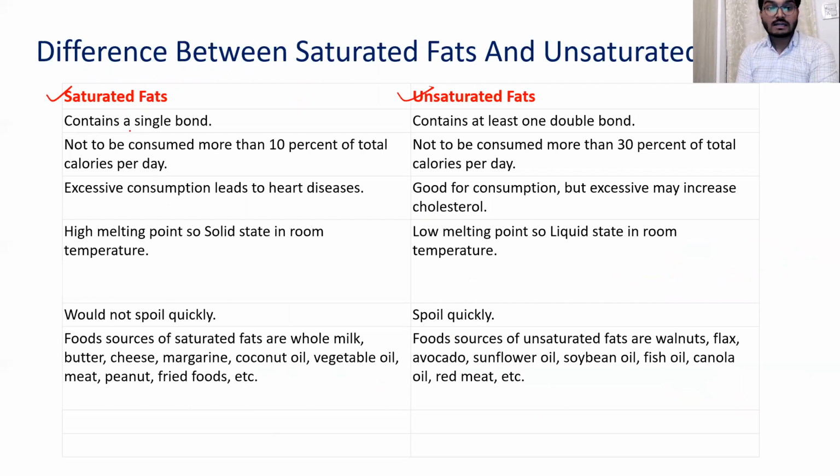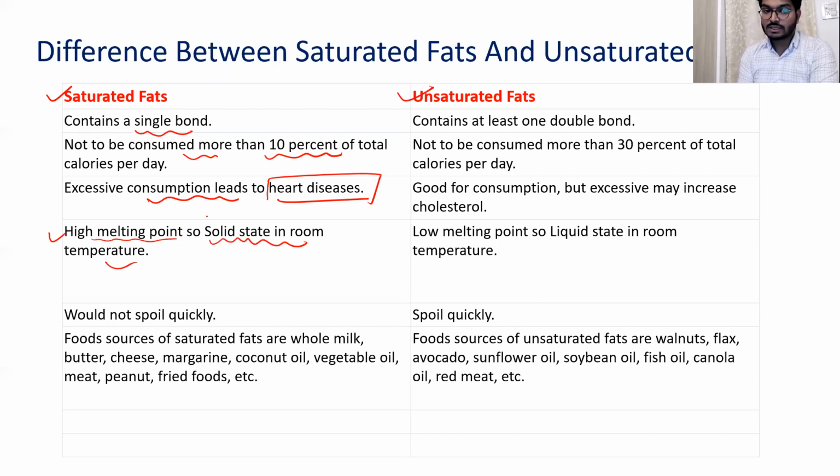Saturated fats contain single bonds, and they should not be consumed at more than 10% of the total calories. They should be consumed in a very small proportion, and if you take them in a high proportion, this leads to heart related disease. Saturated fatty acids have a high melting point and are solid at room temperature.